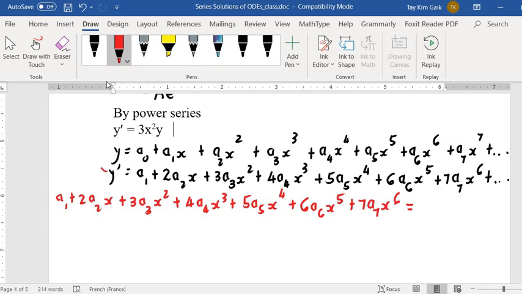The right hand side is y multiplied by 3x squared, so you multiply this expansion by 3x squared.